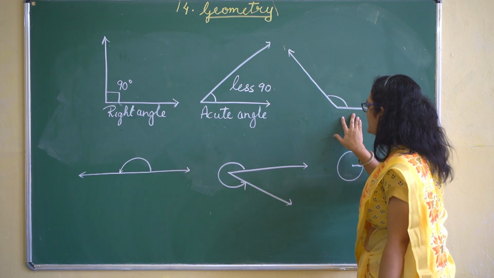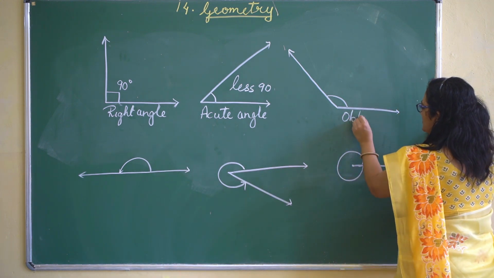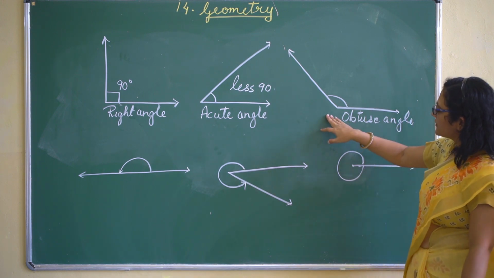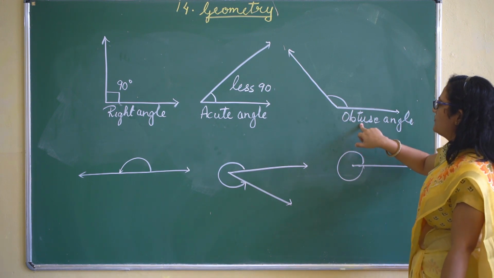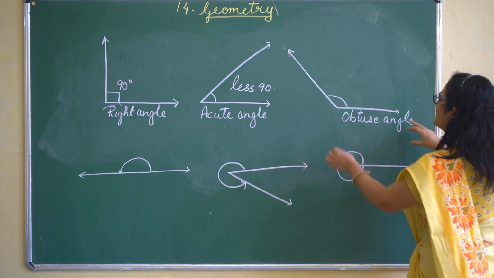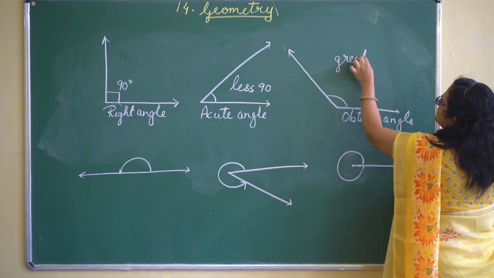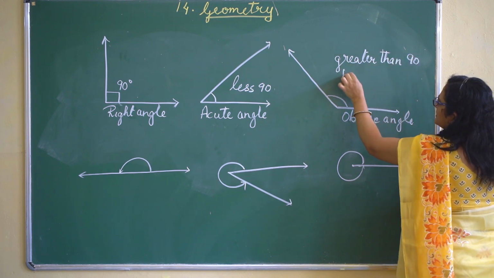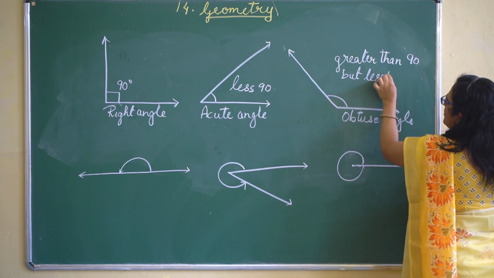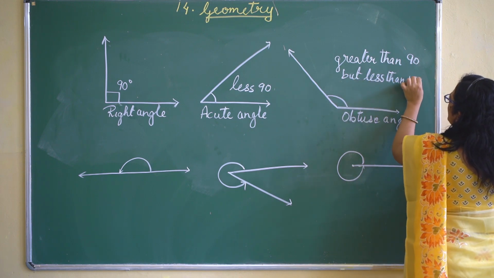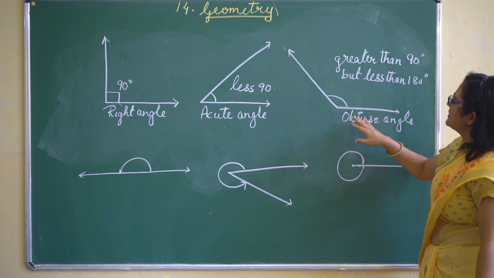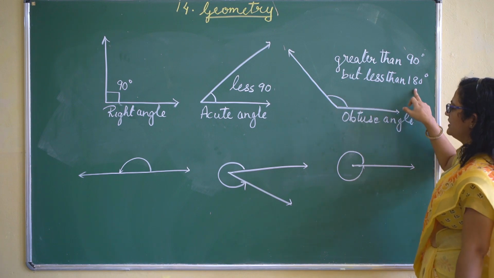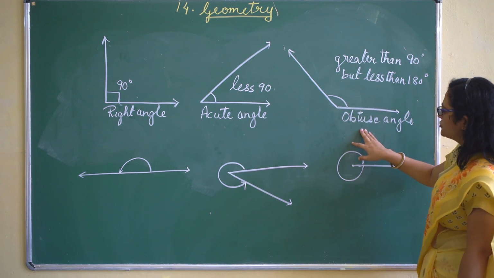Third, this is an obtuse angle. What type of angle is this? Obtuse angle. When an angle measures greater than 90 but less than 180 degrees, it is called an obtuse angle.